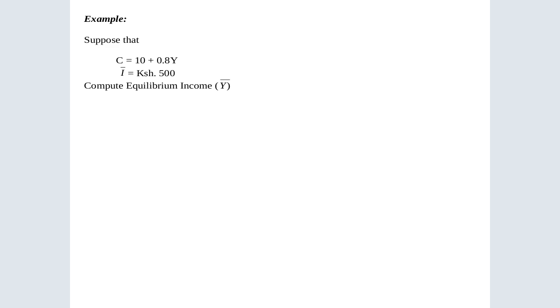Now, suppose we have these simple consumption and investment functions. So we have the consumption function given as C = 10 + 0.8Y, and then we have investment which is fixed at 500. So how can we get the equilibrium income? So we can compute the equilibrium income.